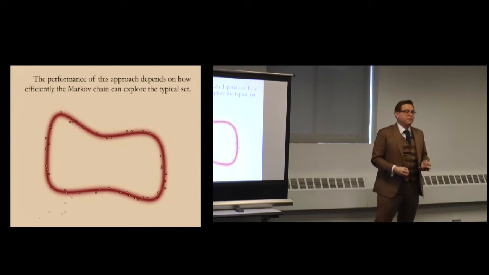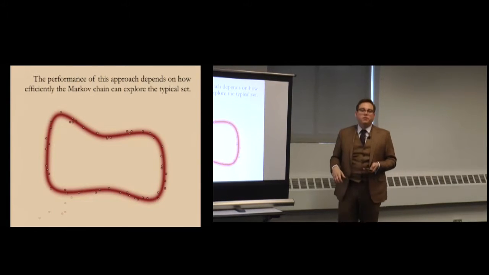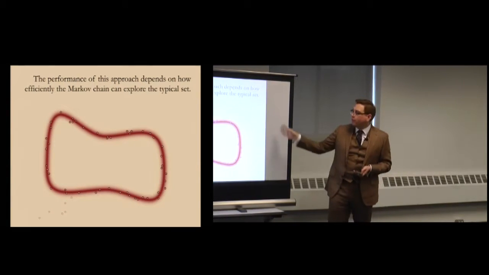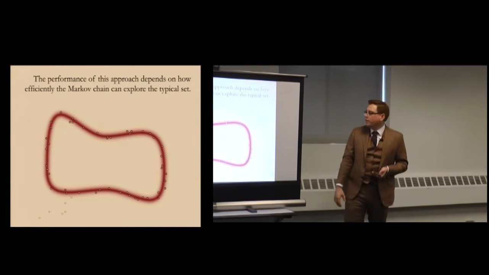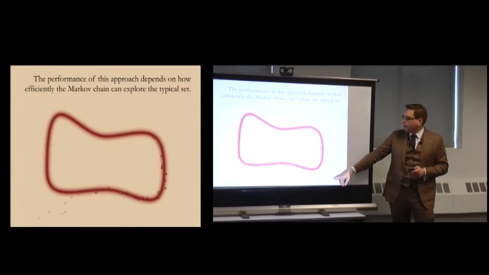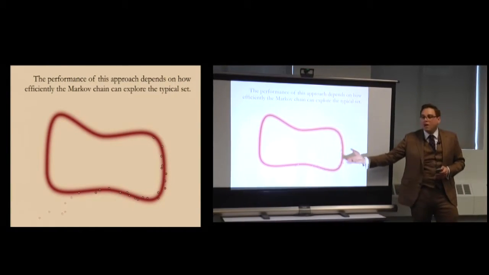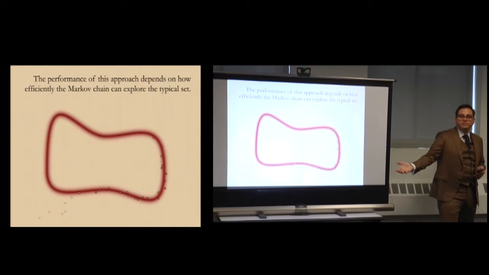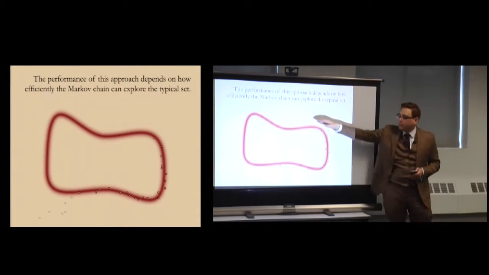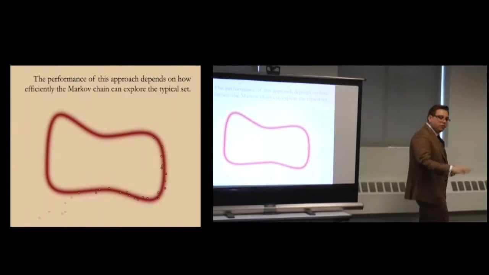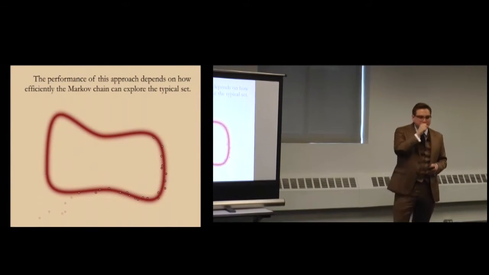Those transitions are expensive. We're going to exhaust our computational resources long before we can move across this whole thing. So what we end up getting in practice is this partial exploration, right? And this is obviously going to bias our estimates. If we want good, accurate estimates, we need to explore everything.